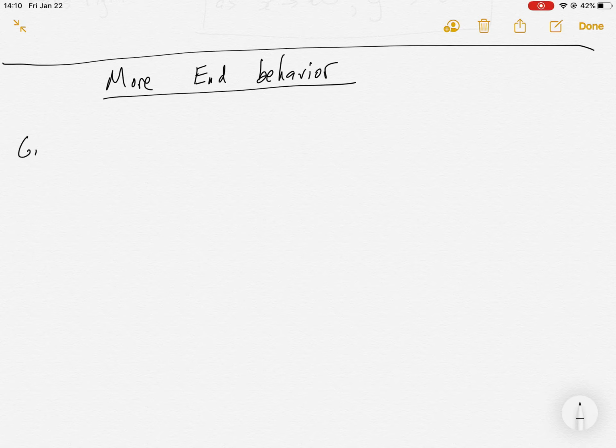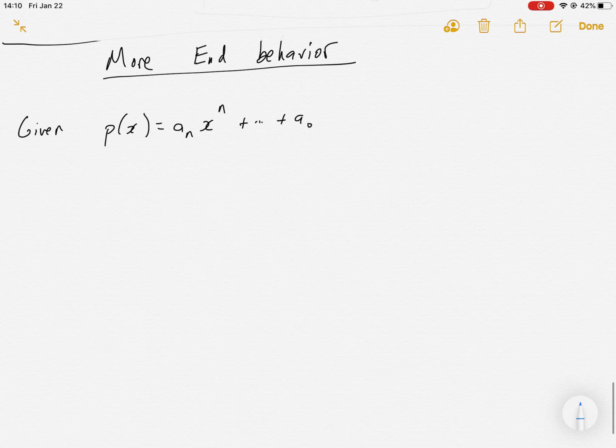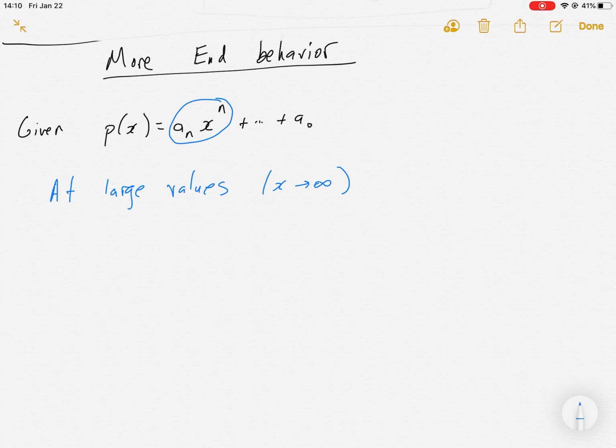Now, if we are given a general polynomial, p of x equals something like this, notice that at large values of x, so in this case I'm thinking about x going to infinity, like a billion, a million, that kind of stuff, this term here is really going to overwhelm all of the other ones, because a really big number raised to a power of n is just a giant number compared to the other ones.